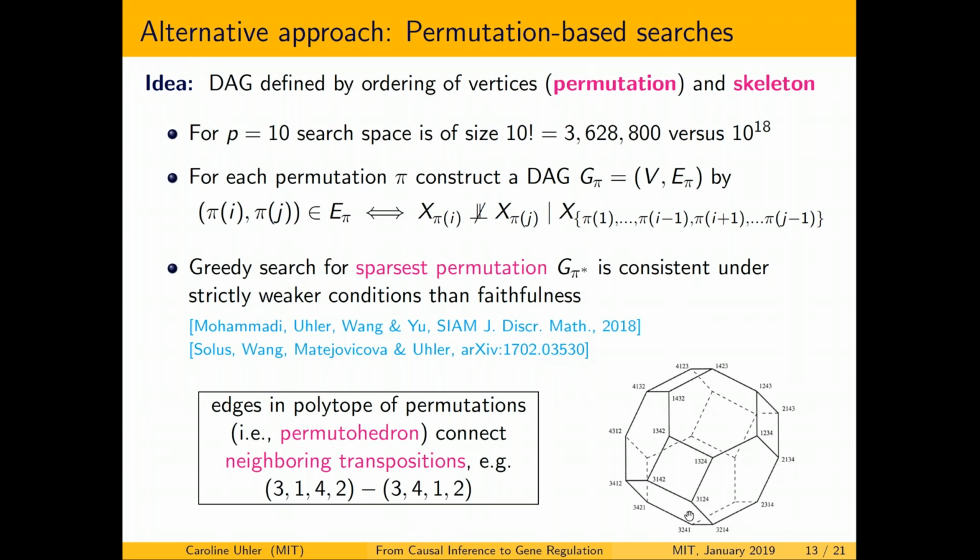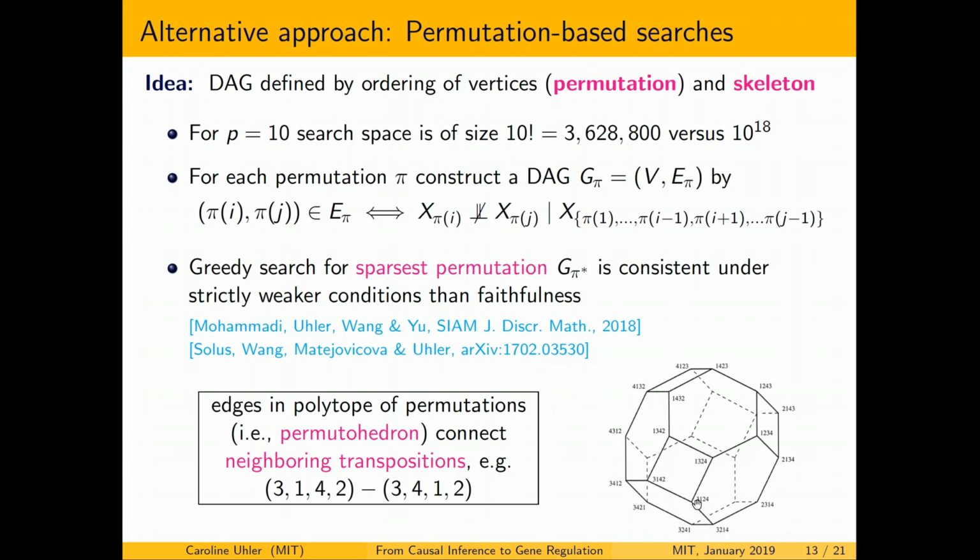Okay, so say I'm in, and actually it's well known, this polytope has been well studied. So say I'm in this vertex here, this ordering of the variables 3, 1, 2, 4, then who are my neighbors? So my neighbors are given by neighboring transpositions.